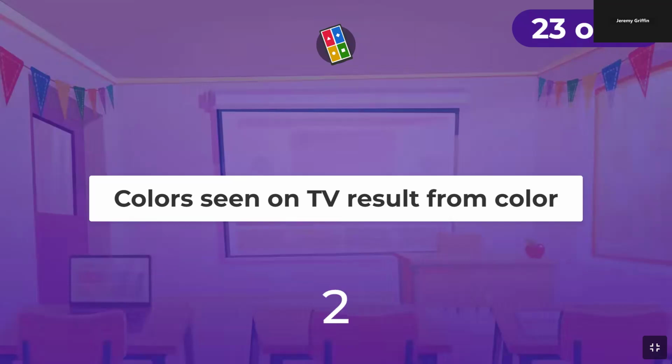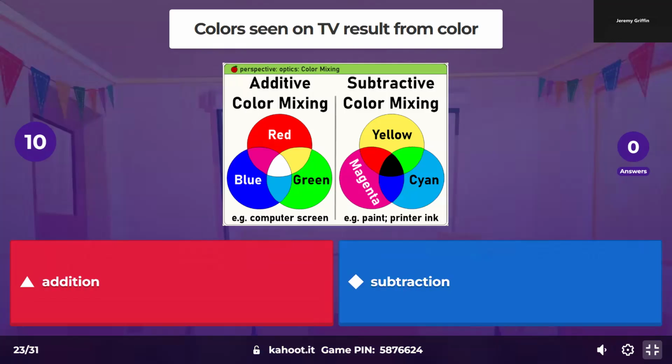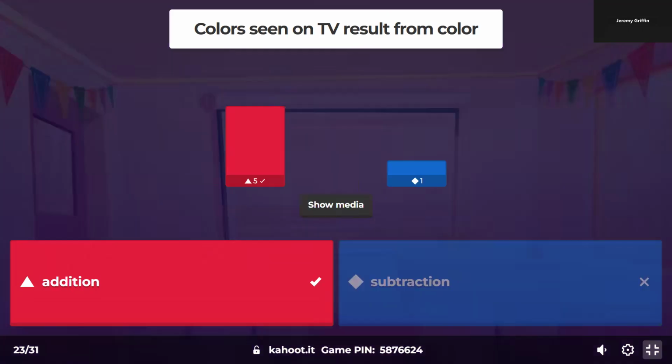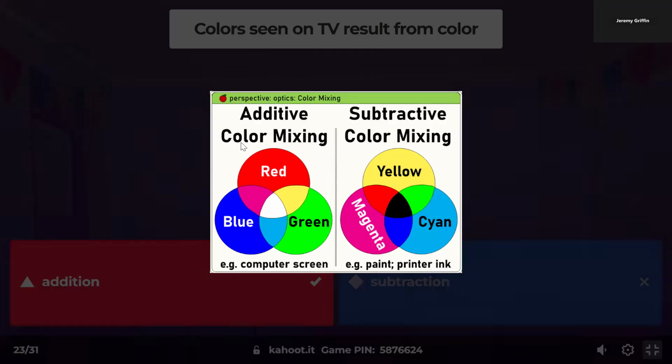Color seen on a TV. Yeah, color addition. Guys, that's this picture on the left. This might be one of the questions coming up anyway, but your phone screen, your laptop screen only has 3 colors.